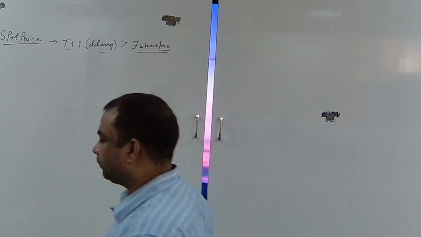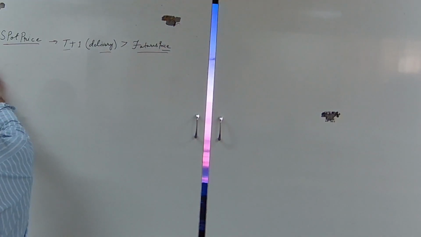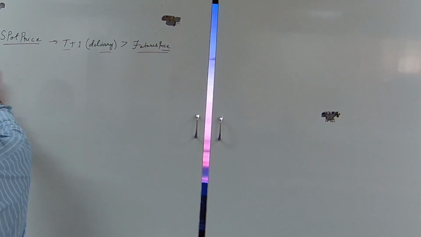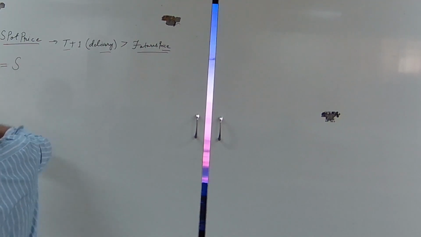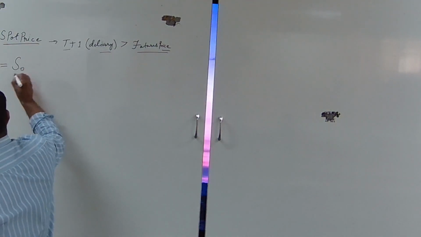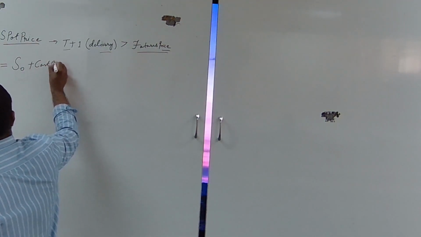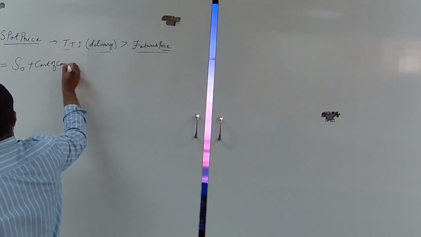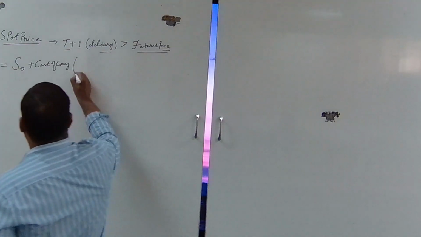Okay? So again we can write future price is equal to spot price, or current spot price, plus cost of carry. And what is cost of carry?